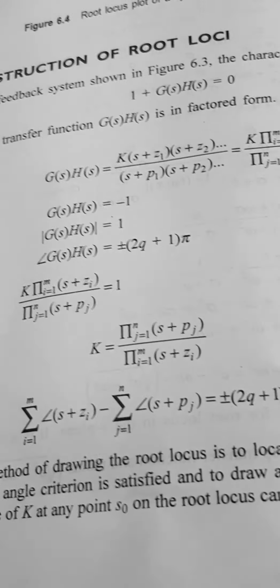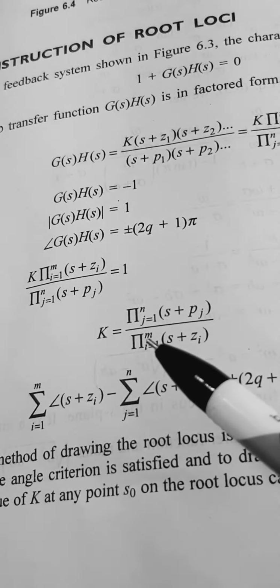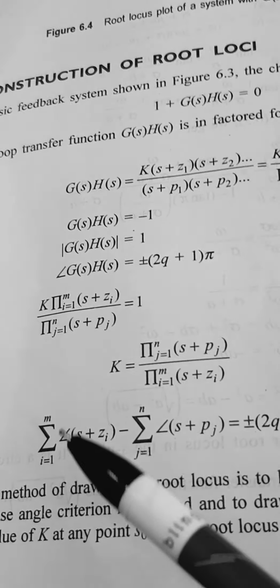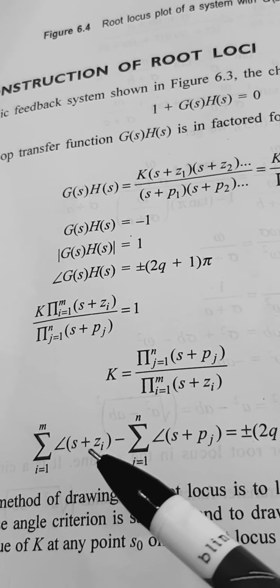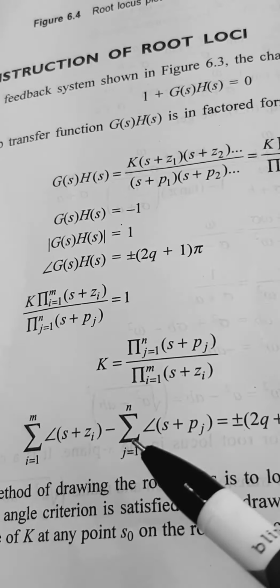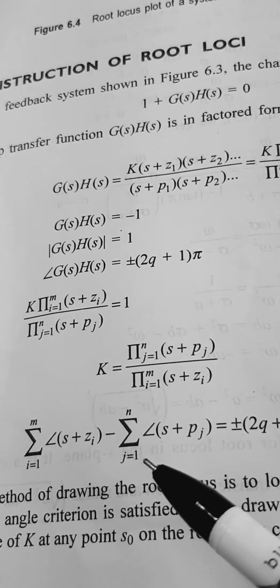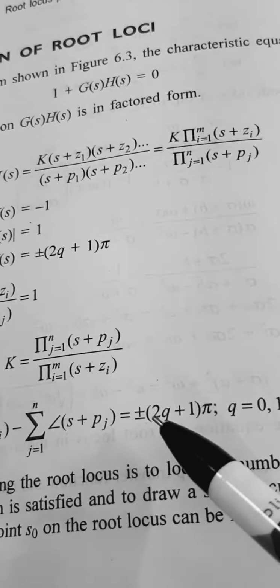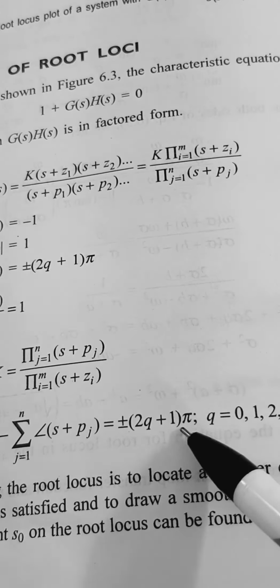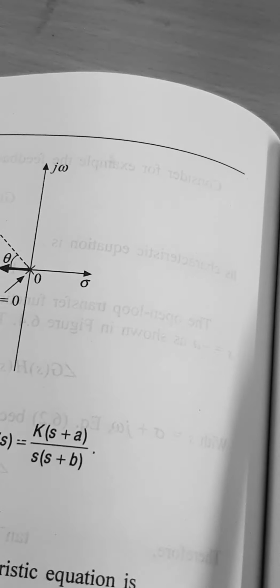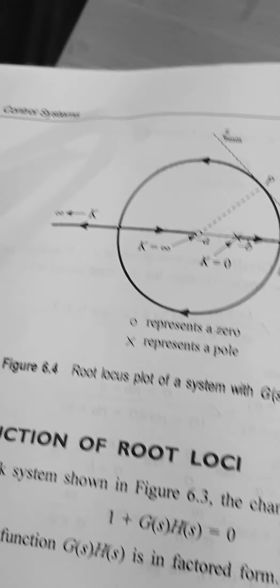Now the angle of the zeros minus the angle of the poles is equal to plus or minus (2q plus 1) pi, and q varies from 0, 1, 2 and so on.